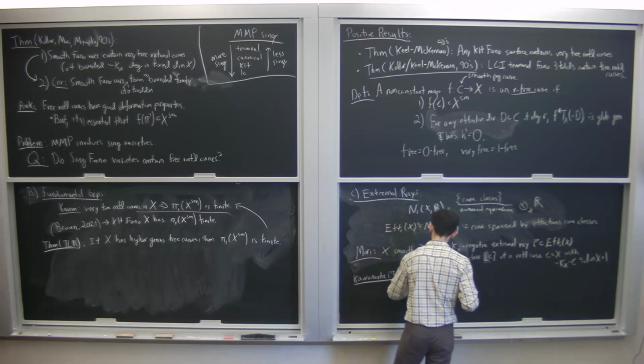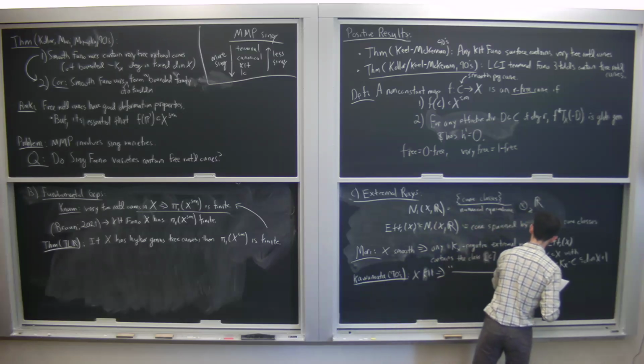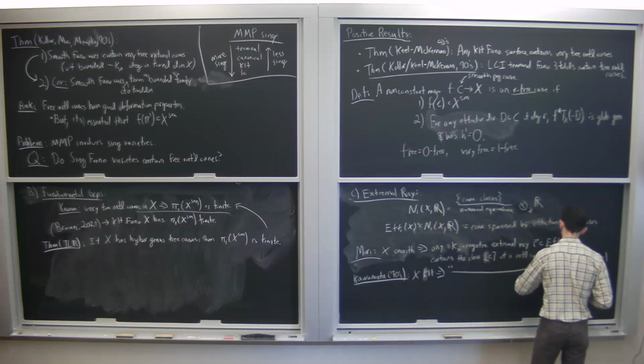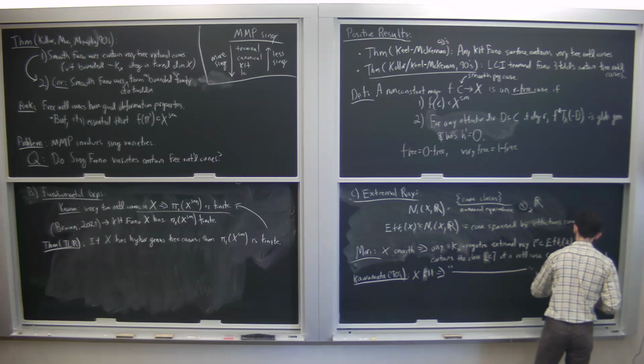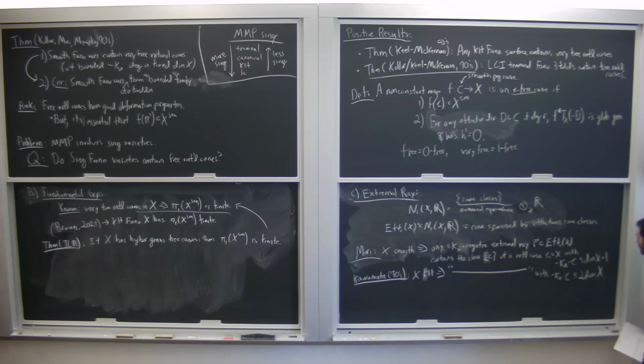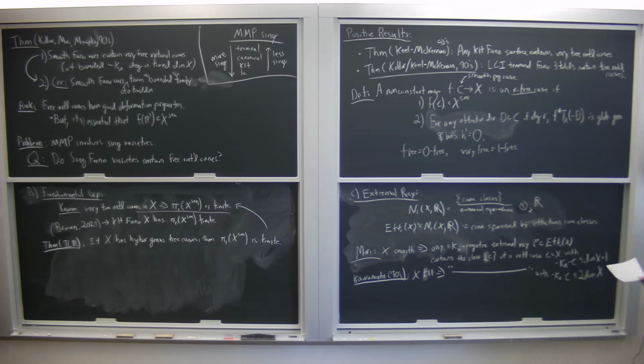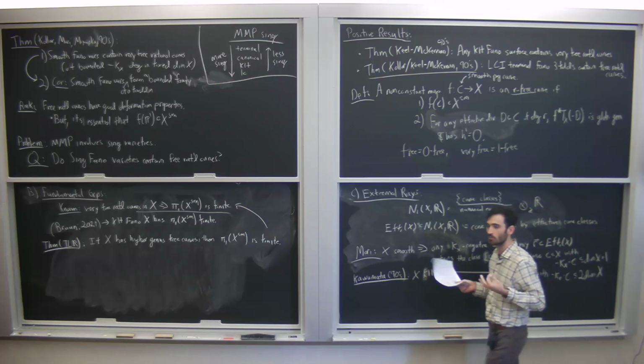Kawamata said, if X is KLT, this implies almost the same thing, but with negative K_X dot C less than or equal to 2 dim X. So he obtained a bound on the anti-canonical degree of a curve representing this extreme ray. But it wasn't Mori's optimal bound. And what both of these let you do is prove a cone theorem.